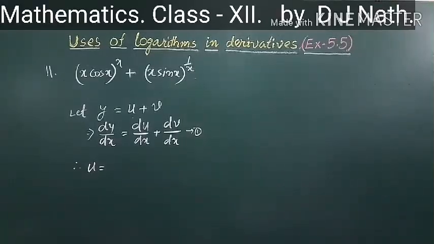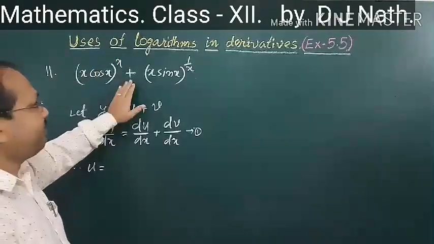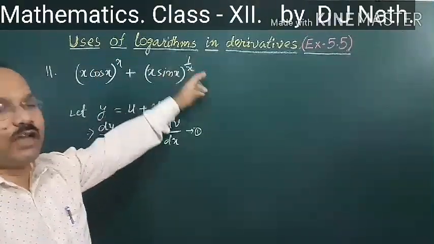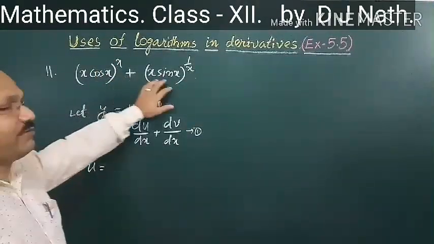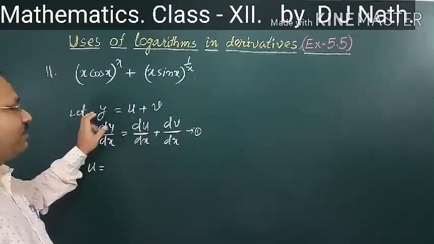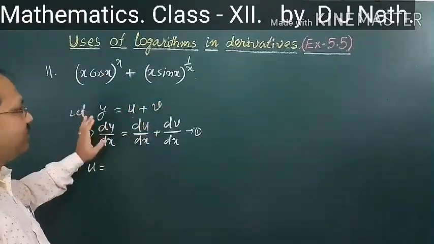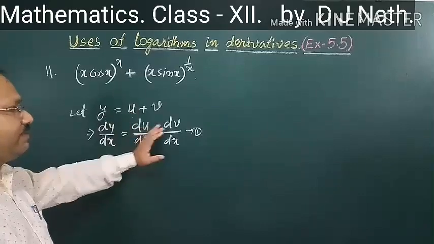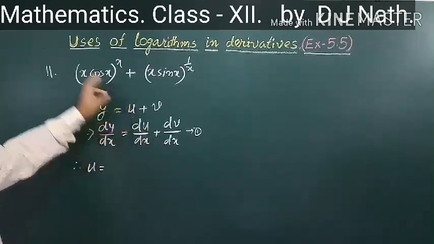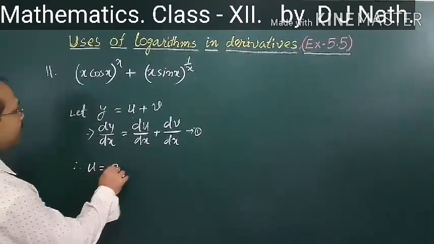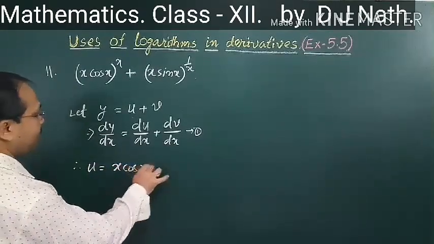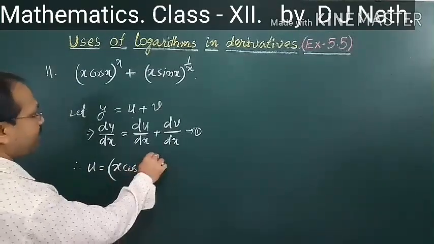So in question number 11 it is given (x cos x) to the power x plus (x sin x) to the power 1 upon x. So here also two terms are there. We will use y is equal to u plus v. So dy/dx will be equal to du/dx plus dv/dx. So what is u? U is (x cos x) to the power x.